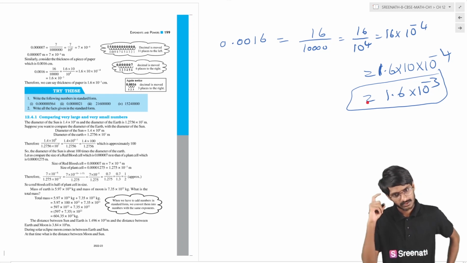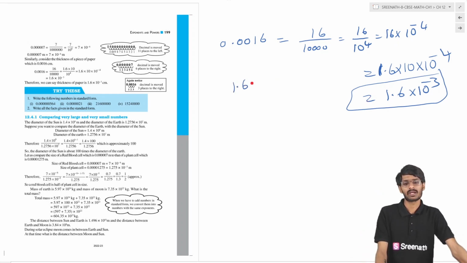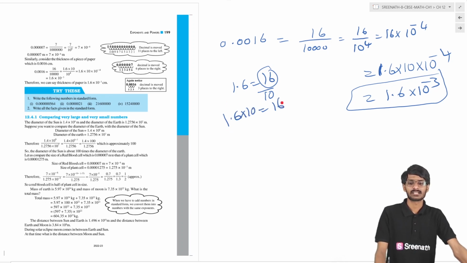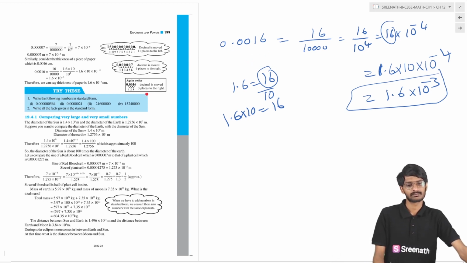So this is the standard form. 16 is equal to 1.6 into 10. That's what we have written. So in this way we can write smaller numbers in the standard form, students.